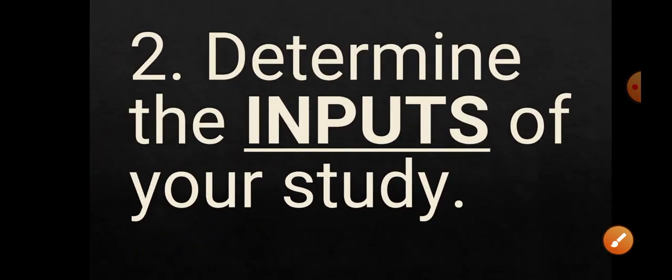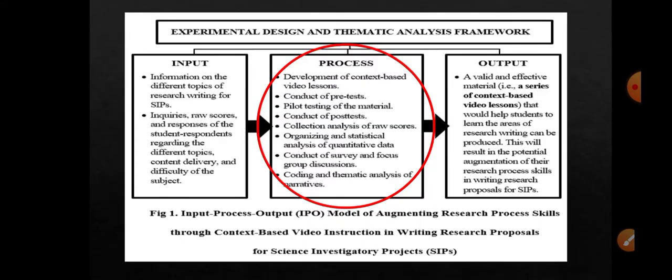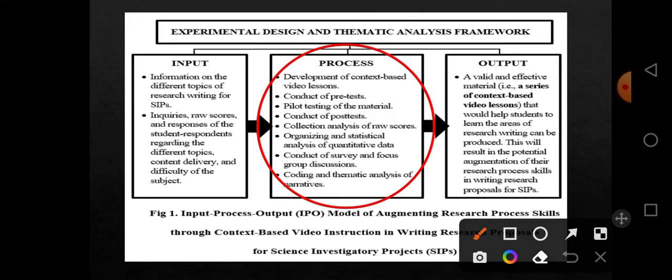Next, after you have determined the inputs of your study, we will now be ready to proceed with the processes involved in our study. In this part of your research paradigm, the processes of your study are also outlined in bulleted format, and oftentimes they are outlined using a chronological order.